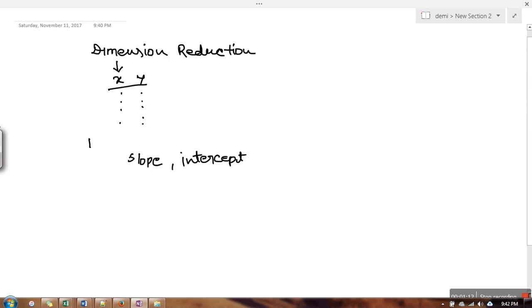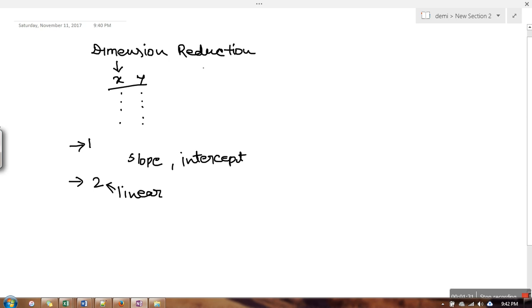So simply saying, if we are considering a linear model, and in that linear model we are having one input variable, then the number of parameters for our model will be two, and that model is a line. So I'm going to make it simpler, that's why I'm considering a line.